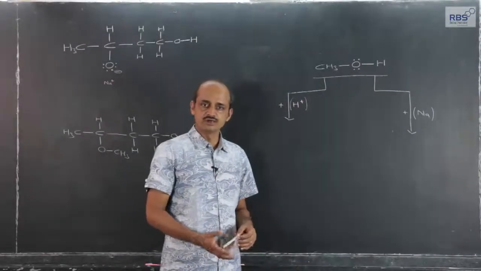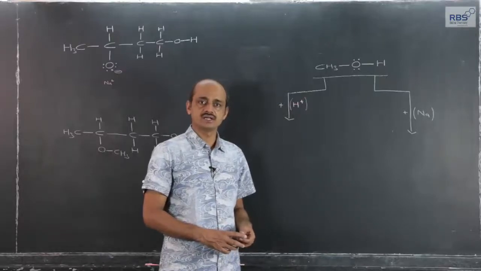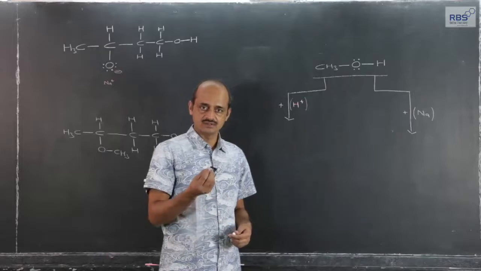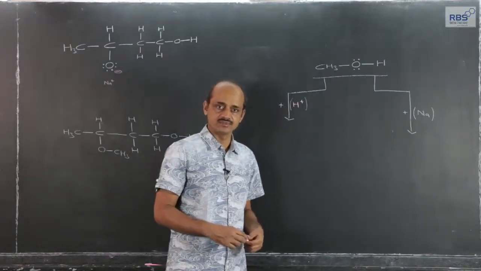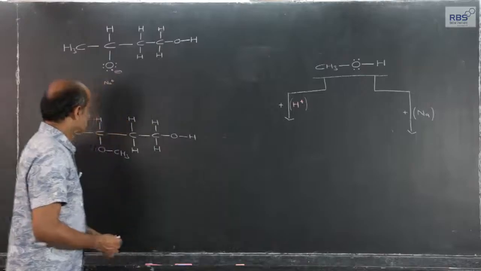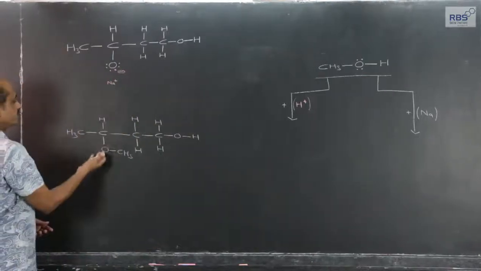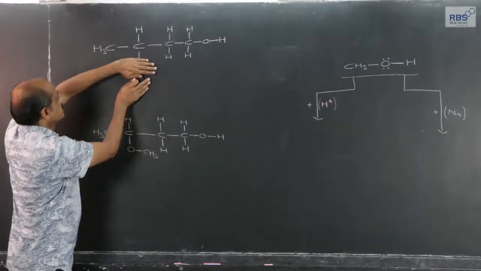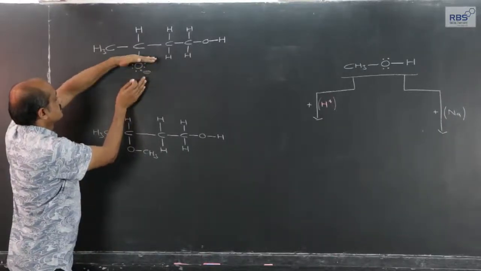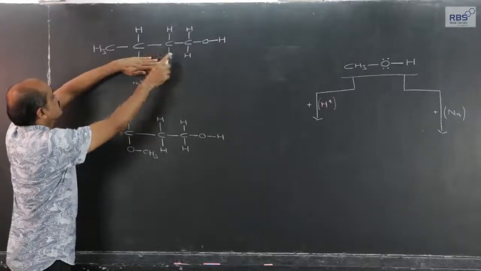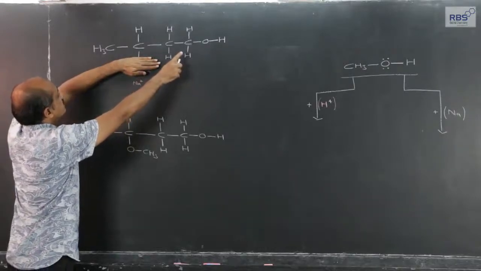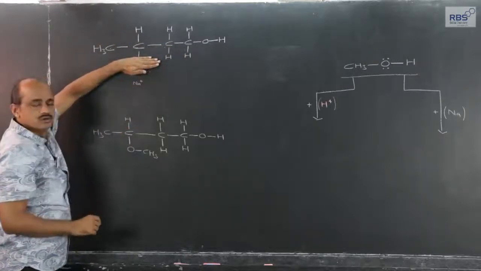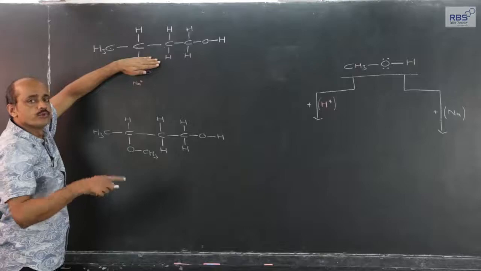While concluding the discussion regarding inductive effect and its applications, let us now consider a few very interesting examples. Here I have written two molecules. If this group were a hydrogen atom, if this were absent, then it would become 1, 2, 3, 4 butane 4-ol, 4-butanol.